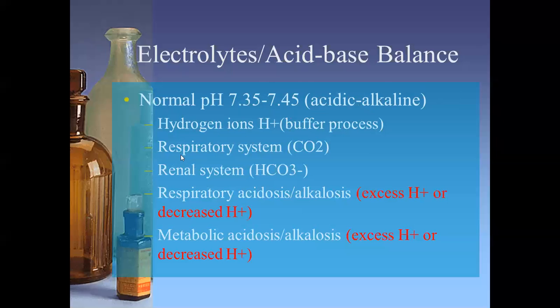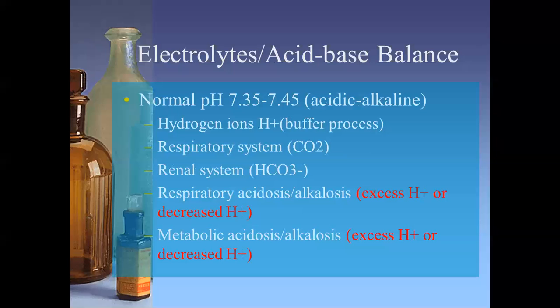But then you have the respiratory system, because you need all three of these to make it balance in your body. So the respiratory system, what does that do? It excretes CO2 and water, carbon dioxide and water.